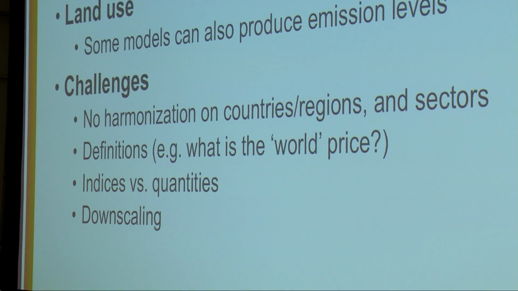So we had difficulties comparing numbers because of this indices versus quantities effect. And then finally, downscaling is similar to harmonization. How do we downscale results from a model that has West Africa or Sub-Saharan Africa to Senegal, or the other countries that make up the component? So, I'm done.